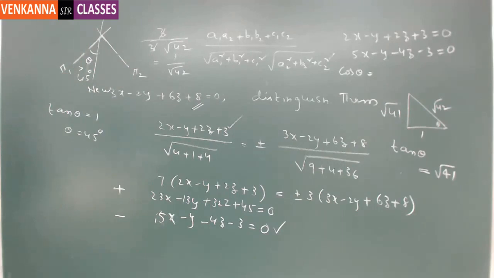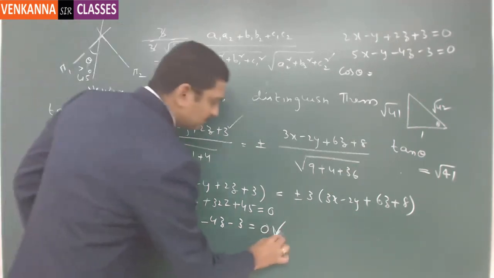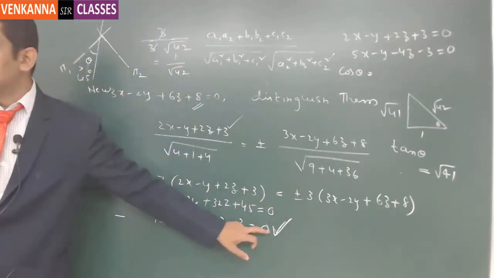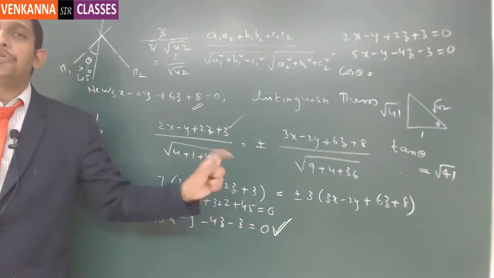Agreed? Are you getting me or not? All of you. Right. So the bisecting plane equation is the obtuse angle bisector.